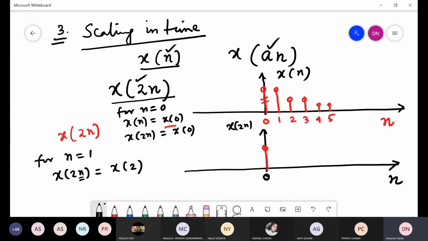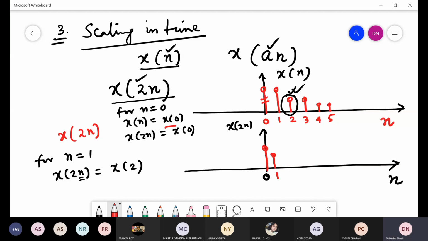So x[2] is this sample value, and this sample value will appear here at n equal to 1.